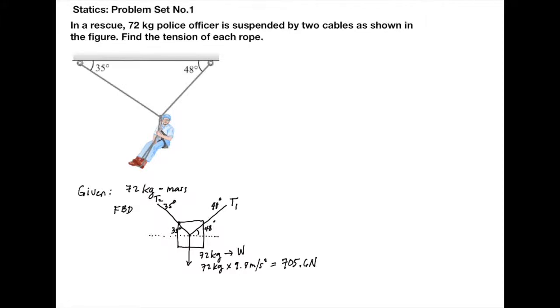Now, we have to disintegrate it into its components. Therefore, for the value of T1, we have the X component, which will be labeled as the T1X. And we also have the Y component, which will be labeled as T1Y.